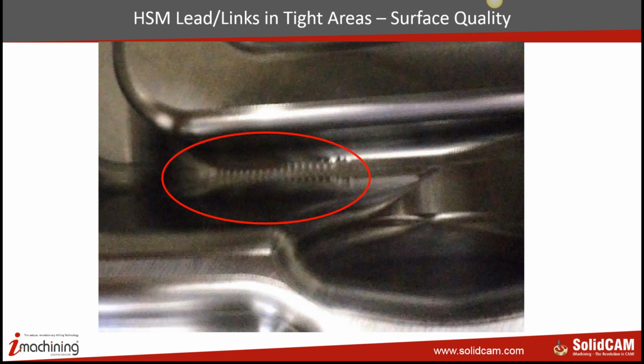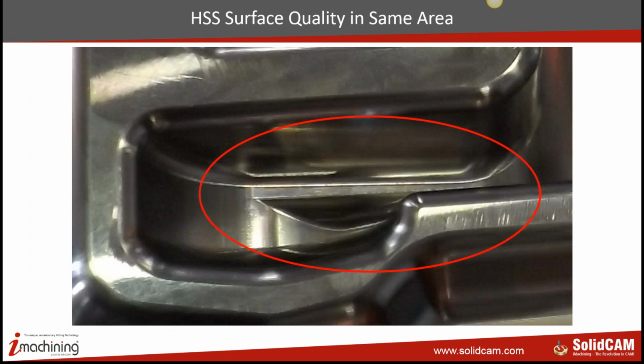The same area was then resunk and machined with HSS. This is the same area. You can see there's a major difference in surface finish. First of all, when I show you the file, you'll notice that the entire part was machined surface by surface.